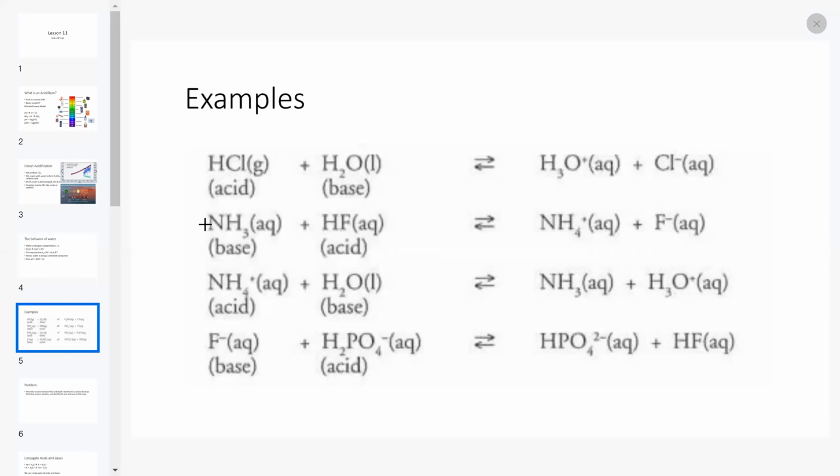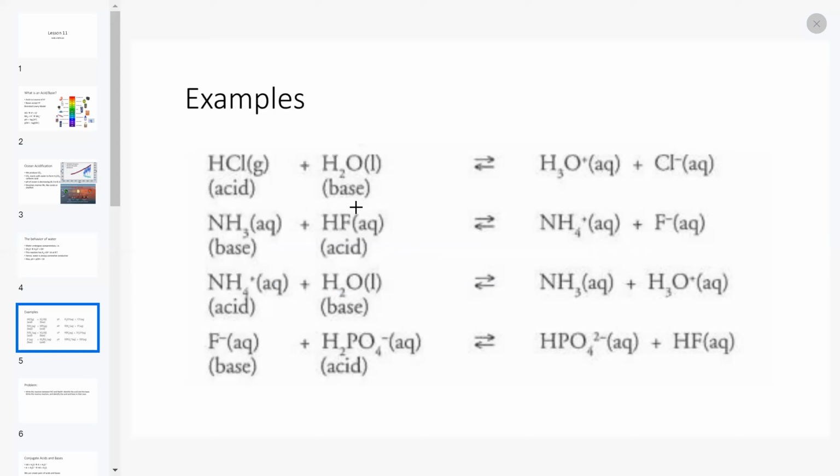Likewise, we have NH3, which is a base. So it accepts a proton to form NH4 plus. And the opposite for HF. So HF is an acid, it loses a proton to form the fluoride ion. And you can see the same for here. So water can act as an acid or a base.